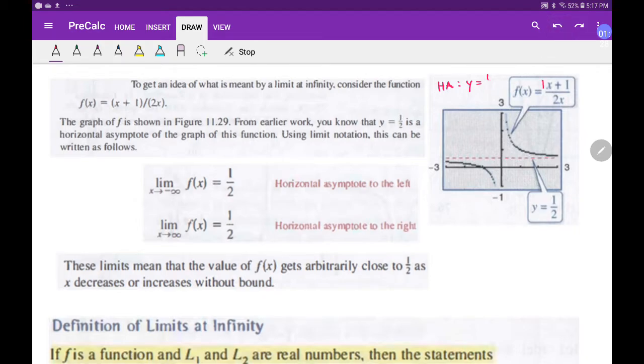As x is very, very small and very, very negative, this doesn't matter at all.